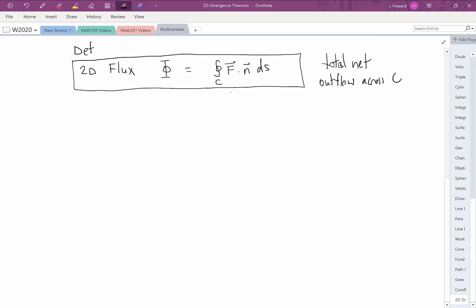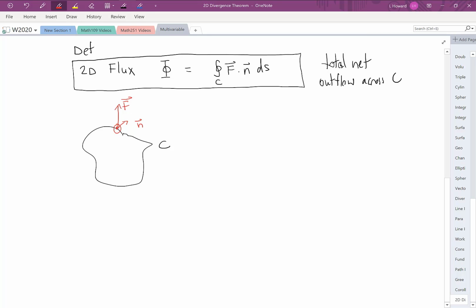So let's try to understand this definition using a picture. So here's our curve C. Let's say we're focusing on this point here. At that point, we can draw our fluid flow vector, and we can also think about drawing our outer unit normal vector. So at that point, n might look like that.